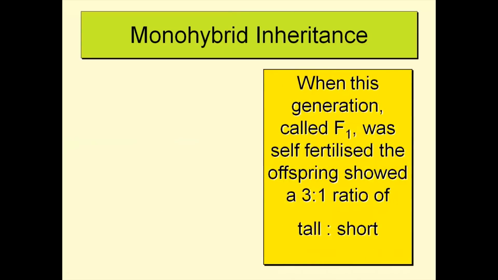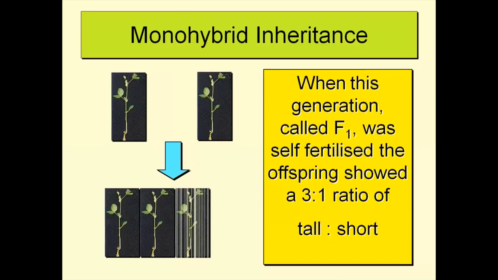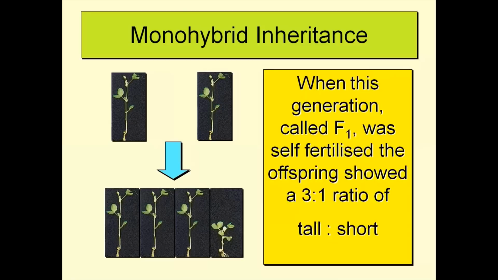Mendel then self-pollinated the tall F1 plants and found that in the F2 generation, a quarter of the offsprings were dwarf, showing a 3:1 ratio of tall to short. Now this means that both tallness and shortness traits were inherited in the F1 plants, but only tallness was expressed.